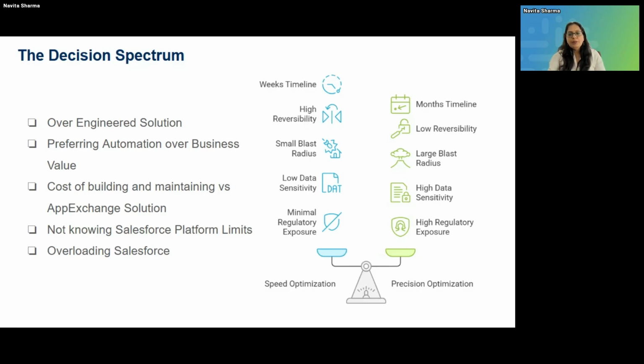Preferring automation over business value, there are too many examples I have for that. I can talk about maybe one simplest example. The business came saying I'm looking for this automation: I receive a case from a customer, and my agents have to go to the backend system, fetch some data, and then that data needs to be sent back to the customer. And I need automation for this because my engineers don't want to do this manual stuff anymore.